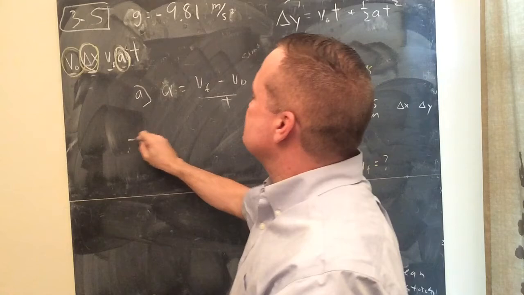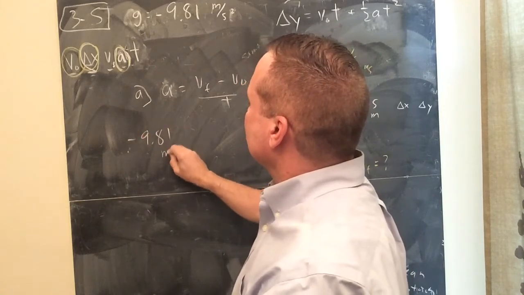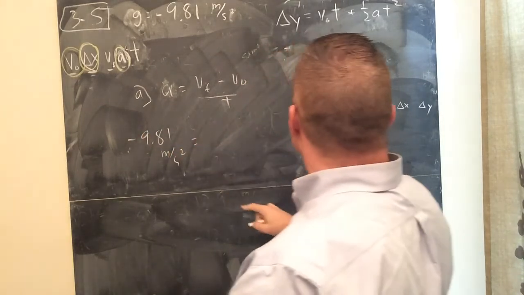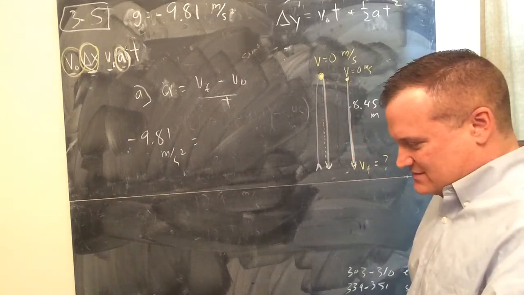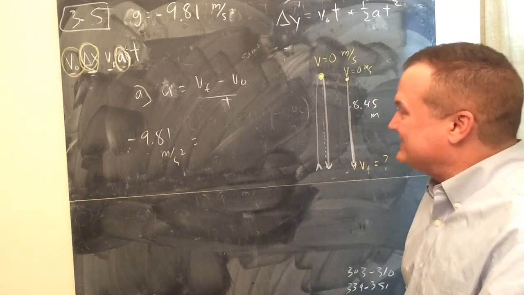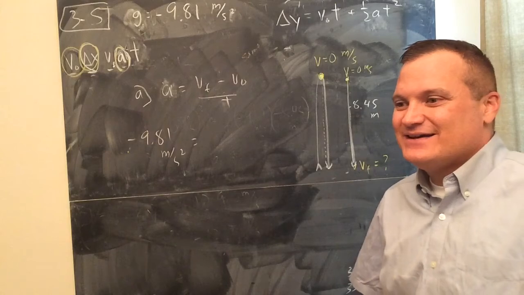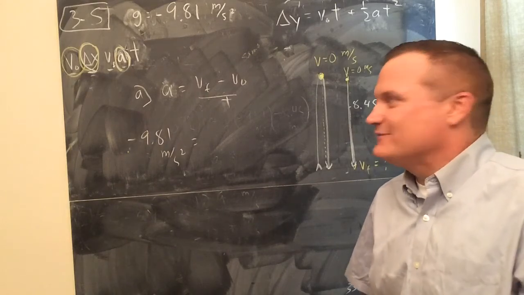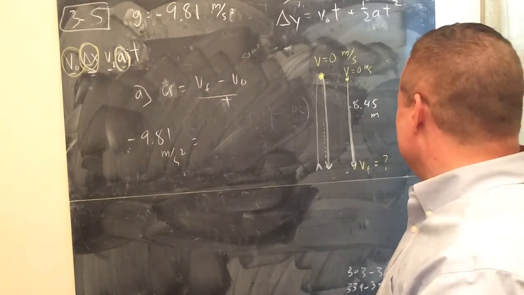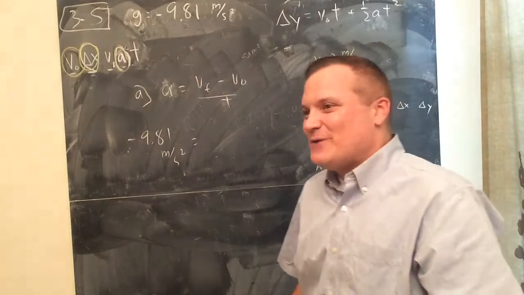So again, acceleration is negative 9.81. V final, we just found it was, oh my goodness, can you believe I didn't write it down and I don't remember what it was? 12.1, right? Was it 12.1? Oh boy. Well, I think it was 12.1.